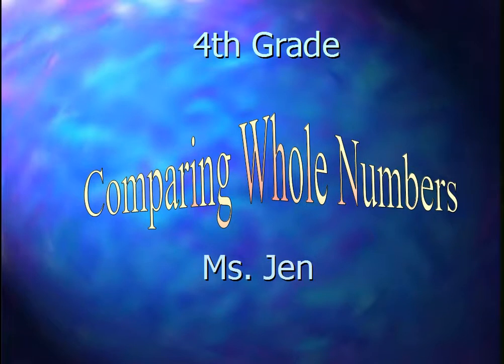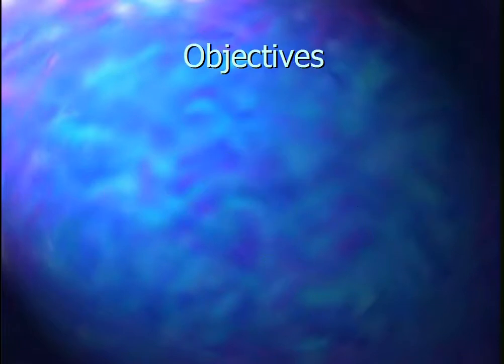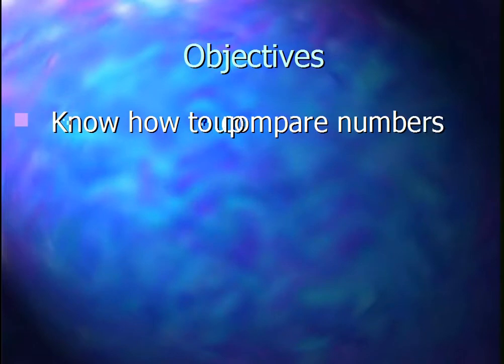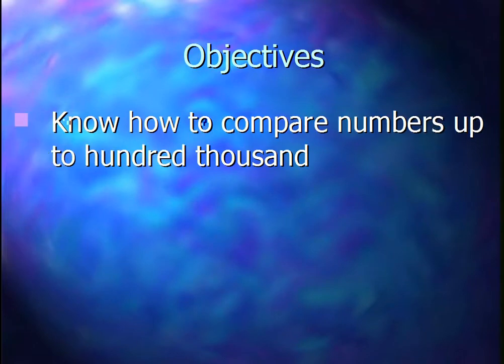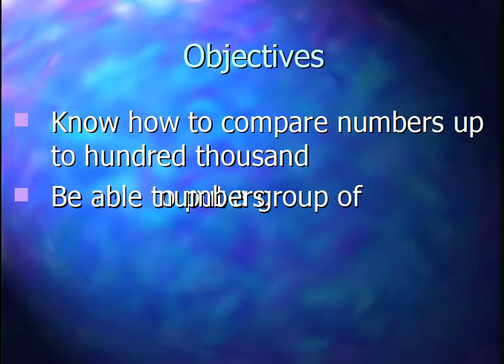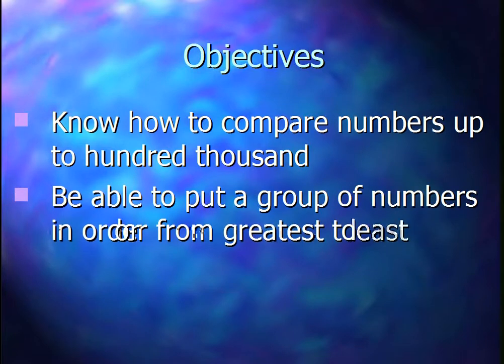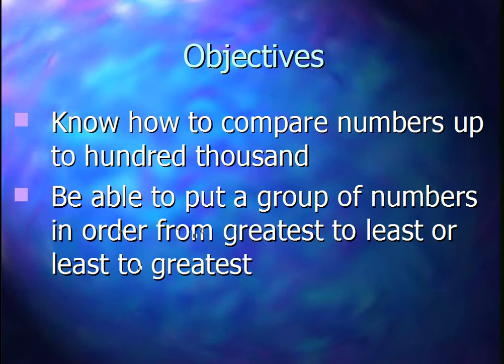We are going to be discussing how to compare whole numbers in two different ways today. Our objectives are to know how to compare numbers to the hundred thousands and to be able to group numbers in order from greatest to least or least to greatest.